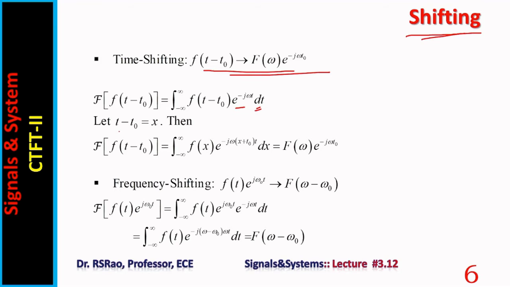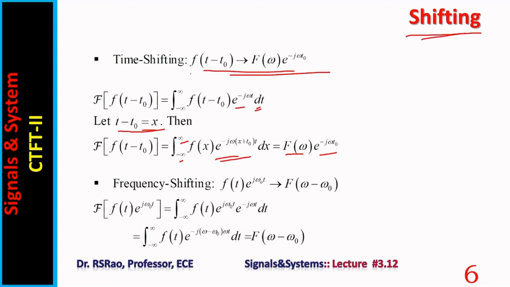Let t minus t naught equal x. Then the Fourier transform becomes the integral from minus infinity to plus infinity of f of x e power minus j omega (x plus t naught) dx. It can be identified as F of omega e power minus j omega t naught.